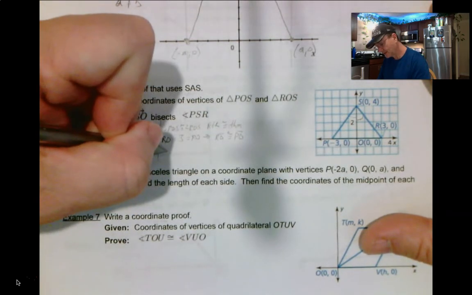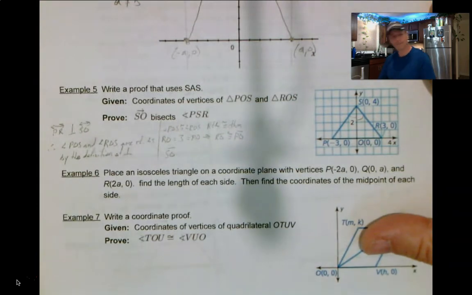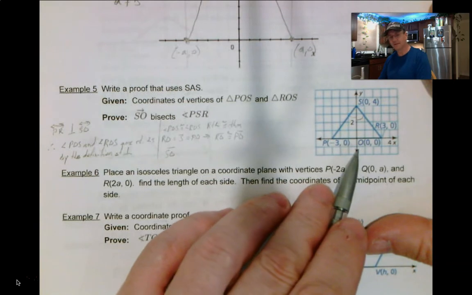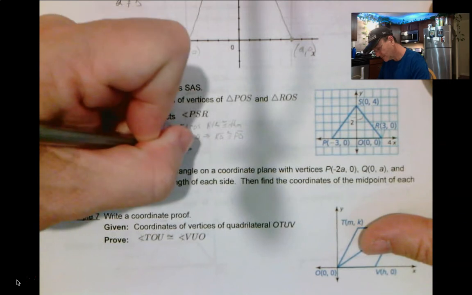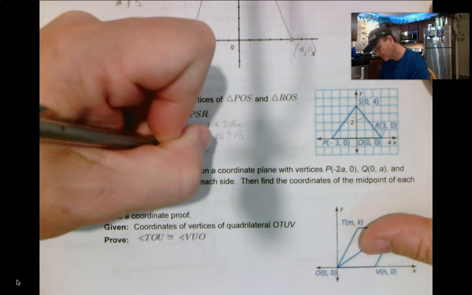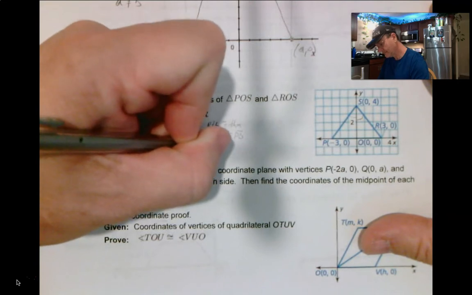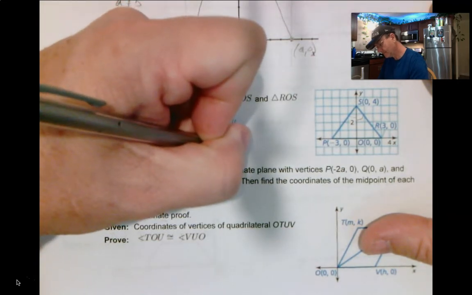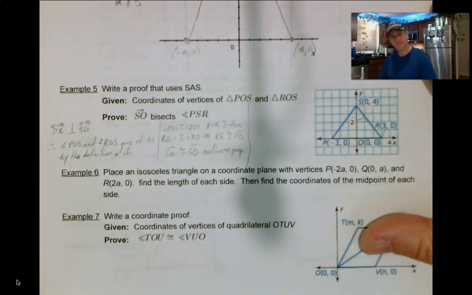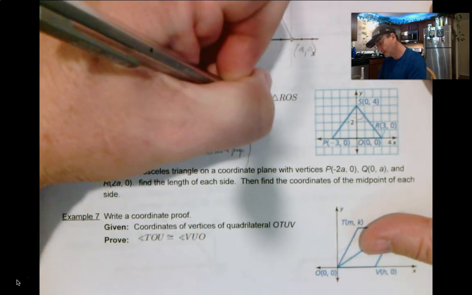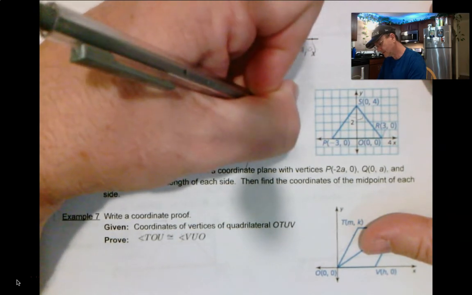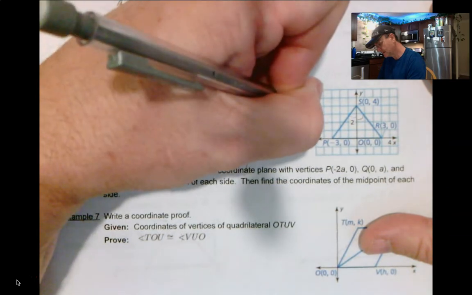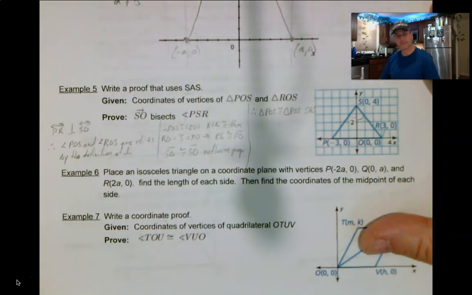What can you tell me about SO? Well, it's 4 units, but it's also congruent to another segment that's 4 units. Yeah, SO. It's congruent to itself. Reflexive property. Therefore, triangle POS is congruent to triangle ROS, side angle side.